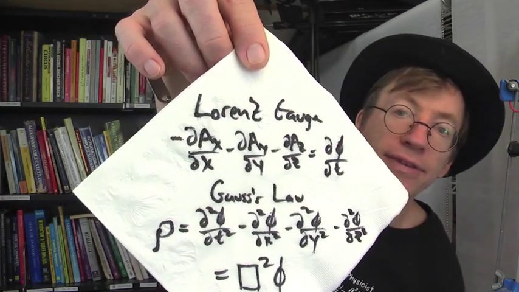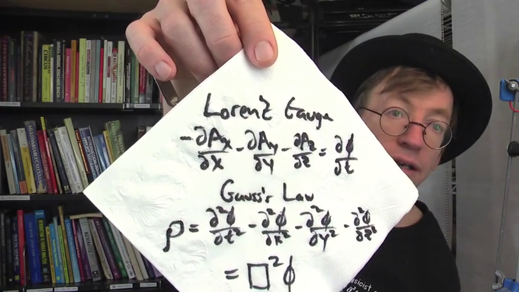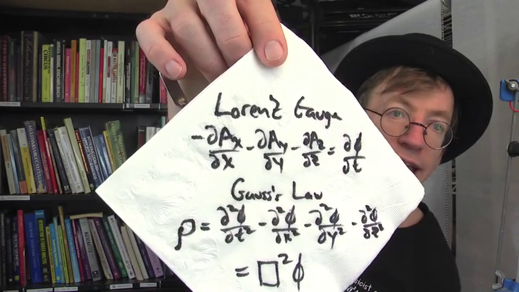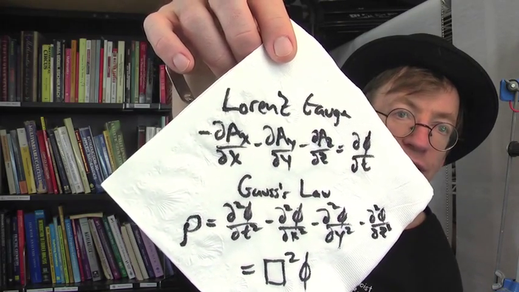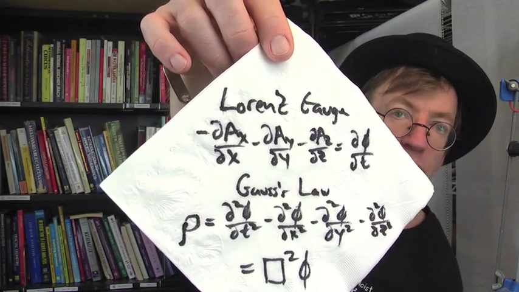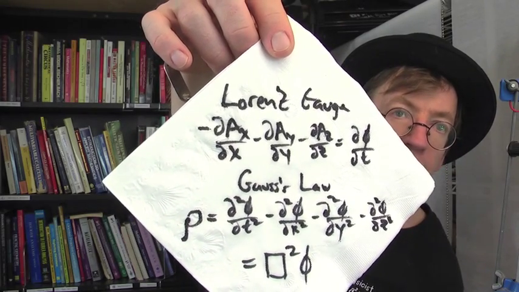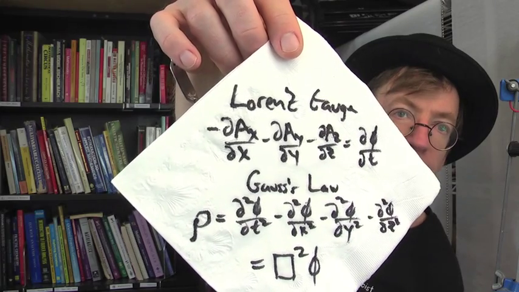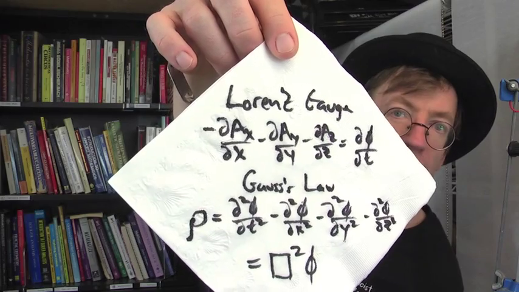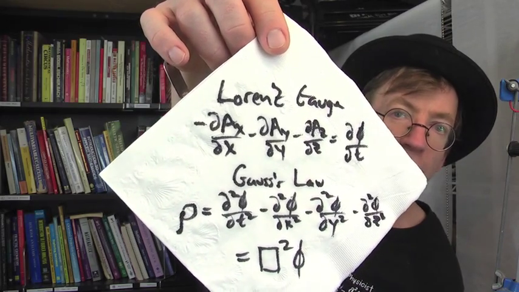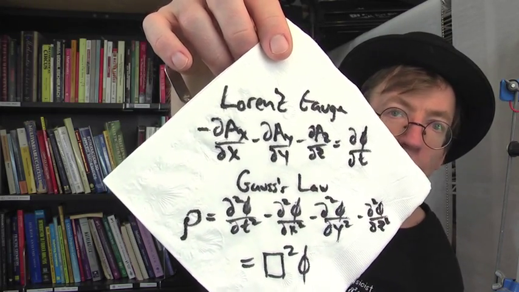All right, it's got the minus dAx dx minus dAy dy minus dAz dz equals d phi dt. So you can actually substitute that in there, because there is a minus dAx dx, a minus dAy dy, and a minus dAz dz in there. And when you do that, you go, oh, we get a little miracle happening.